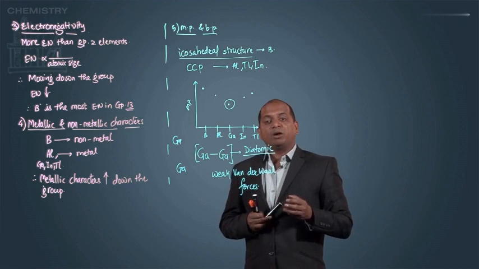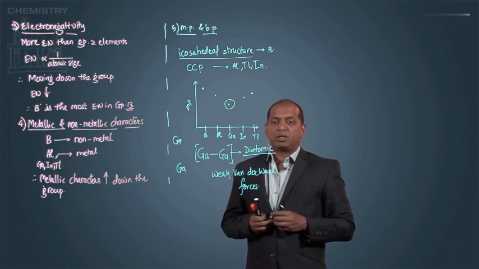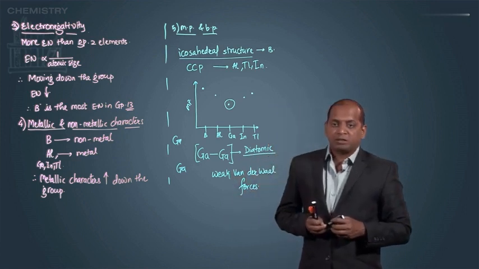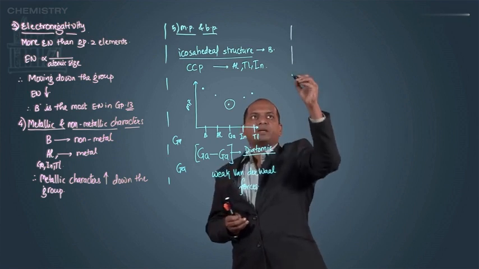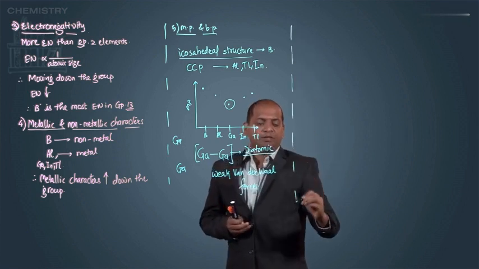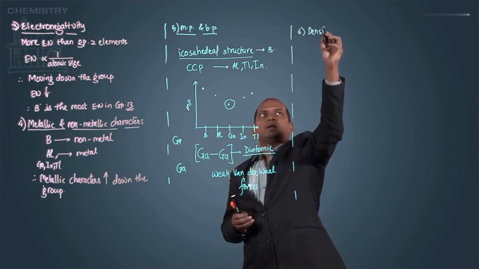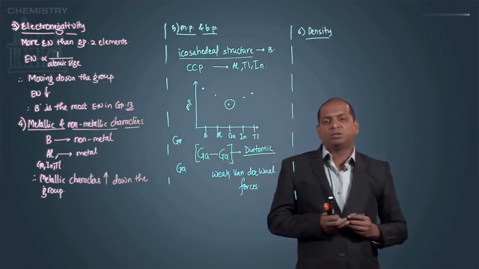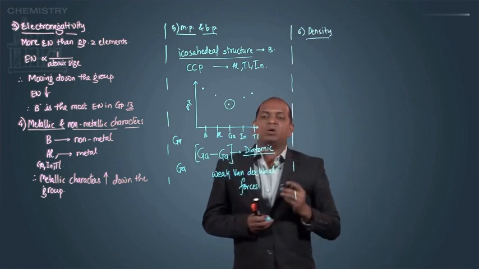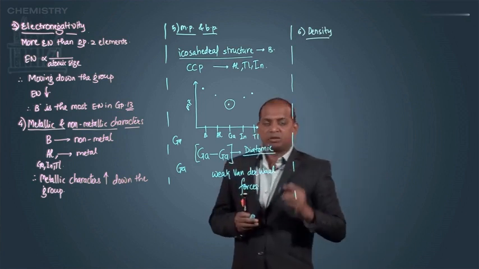The trend in boiling point is usual. As we move down the group, boiling point goes on increasing. So there is no exceptional trend in boiling point. The next periodic property which we are going to discuss is density. Here the mass overcomes the volume, so density goes on increasing as we move down the group.